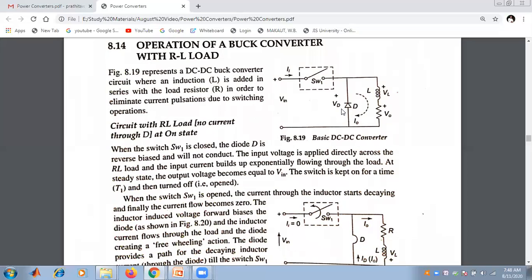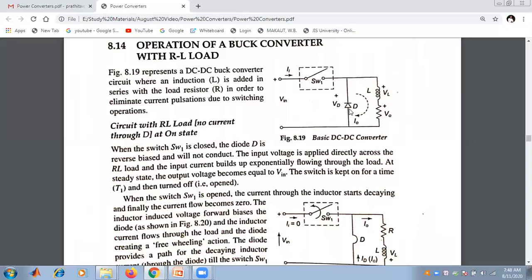That means we all know this is a PN-type diode, where this part is the P-type and this part is the N-type.